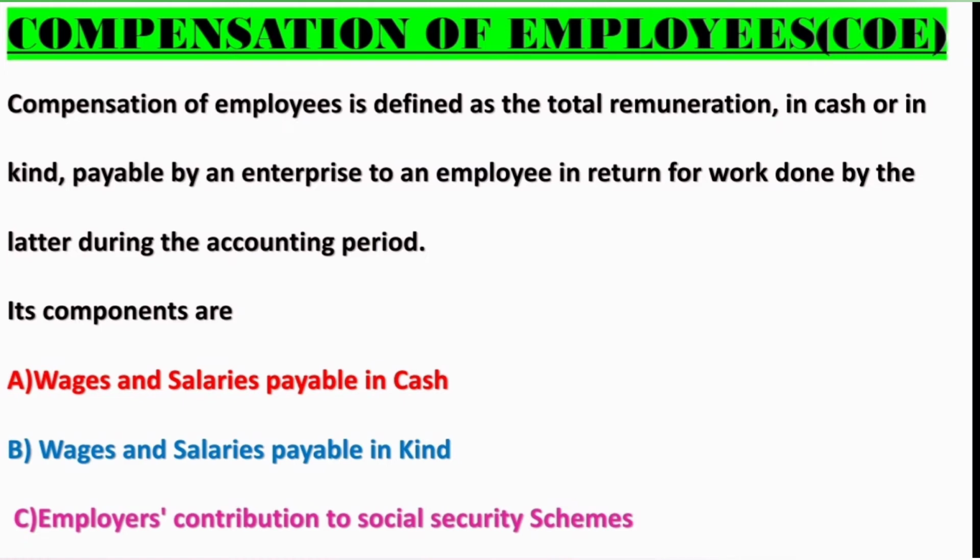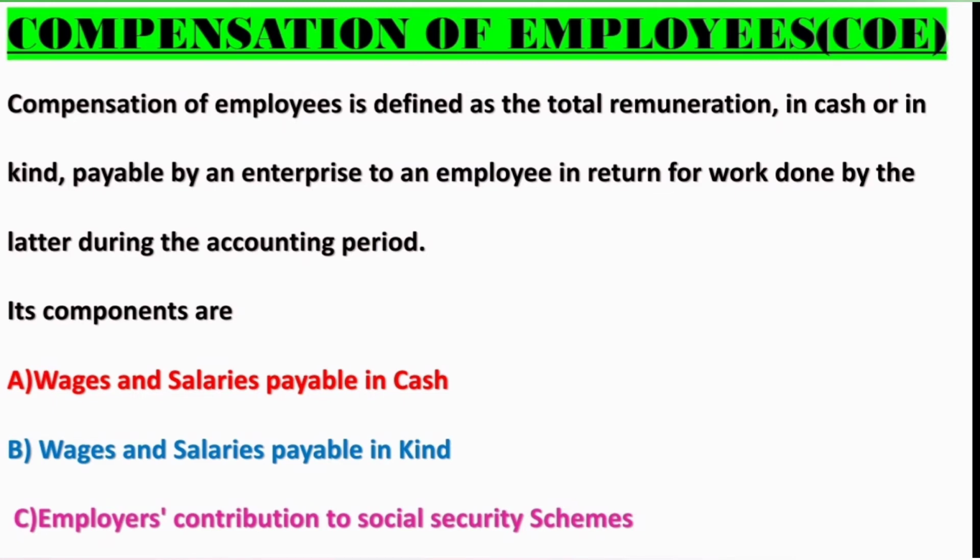Thus, compensation of employees is defined as the total remuneration in cash or in kind payable by an employer to the employee in return for the work done by the employee during the accounting period. Its components are wages and salaries payable in cash, wages and salaries payable in kind, and employer's contribution to social security scheme.